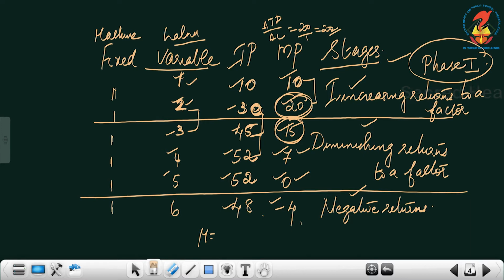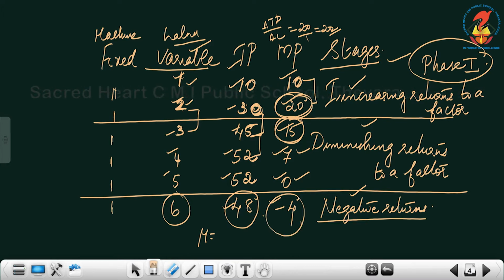Now let us see what happens to total productivity when we add the sixth labor, the variable factor. Total productivity falls from 52 to 48 and marginal productivity becomes negative. Based on the stress given to marginal productivity, we have written the third phase as the phase of negative returns, because only marginal productivity can become negative.